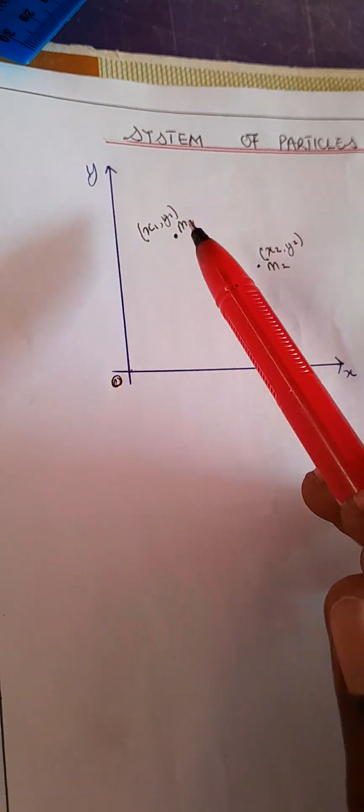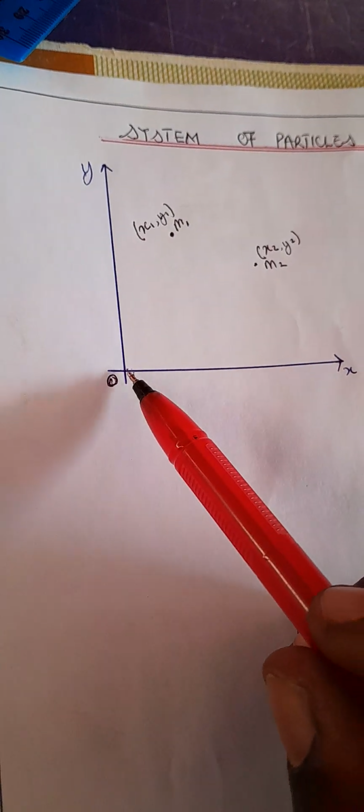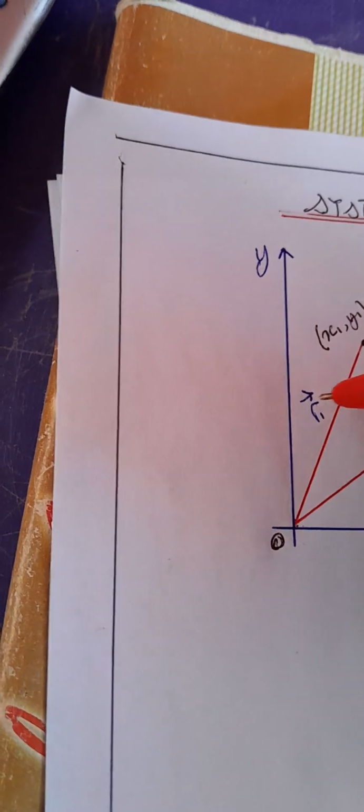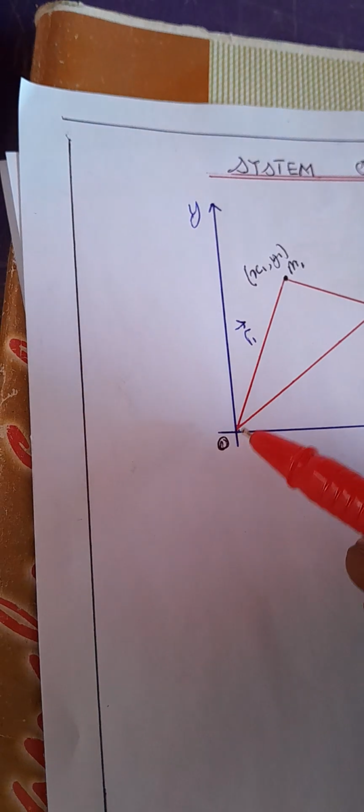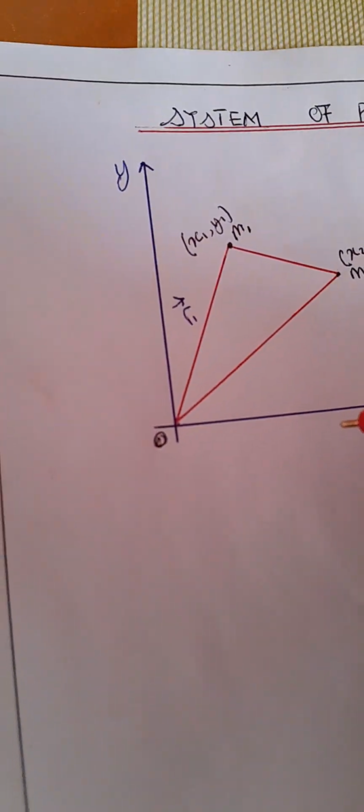All right, so now let's draw a line from the origin down to M1, and from the origin down to M2. Let's call that line R1. Now R1 is the distance from the origin to where the first particle is, which is M1, and it's a vector quantity.